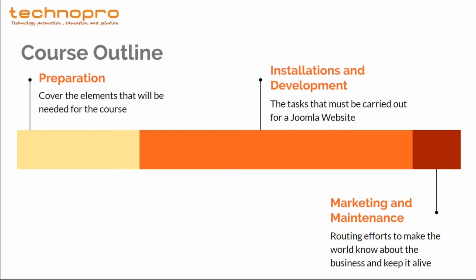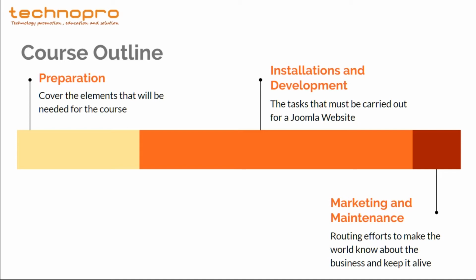In development, we will be doing the exact work we have to perform to have our website created. And marketing and maintenance is doing SEO, search engine optimization, and health checks and fixing problems that may occur during the lifetime of the website.